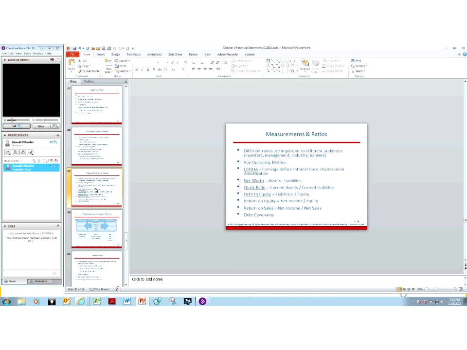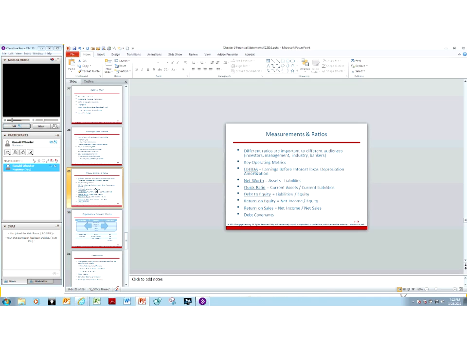Other measurements and ratios that we look at a lot really depend on who is looking at them. Investors may look at key metrics and ratios different from the ones management looks at. The industry as a whole may have specific things that are important to it, and investment bankers or your day-to-day bankers may have a different perspective on which ratios are important for a particular type of company.